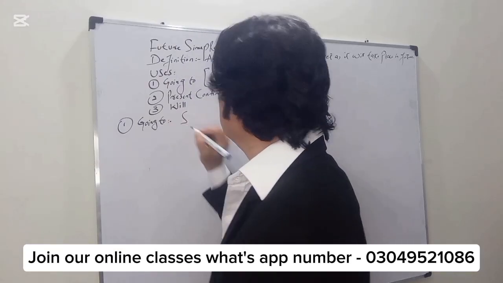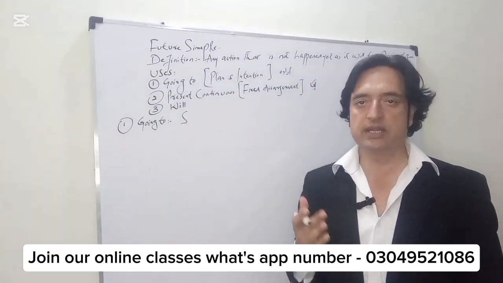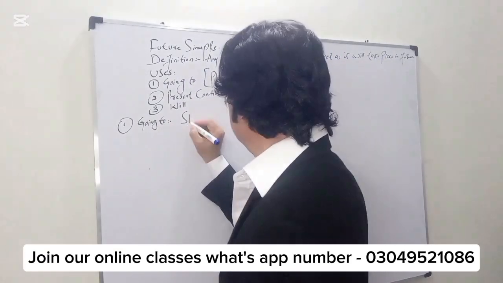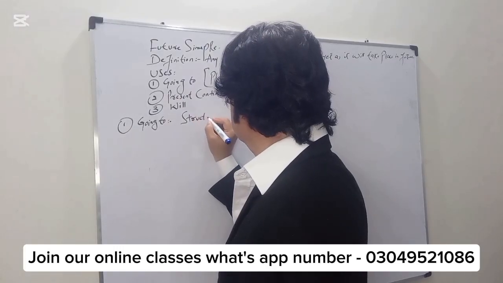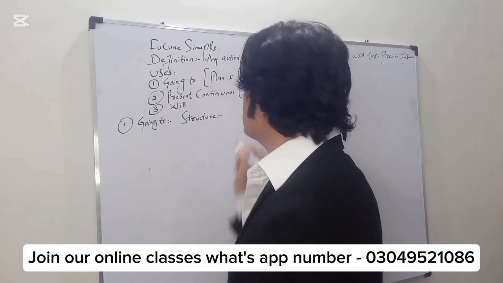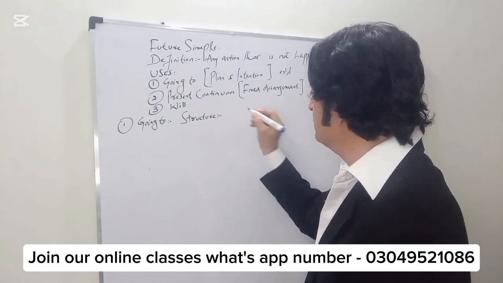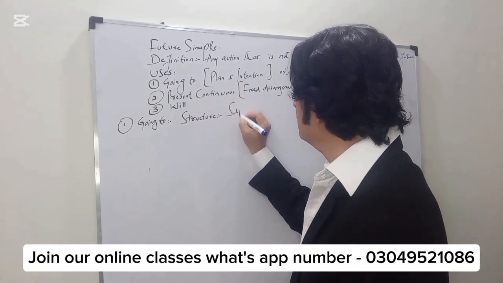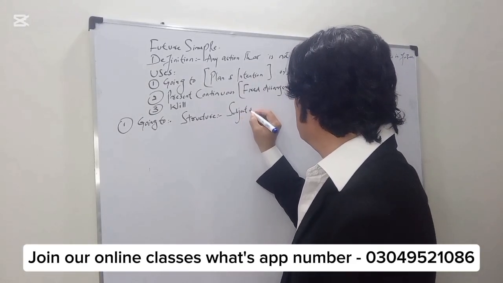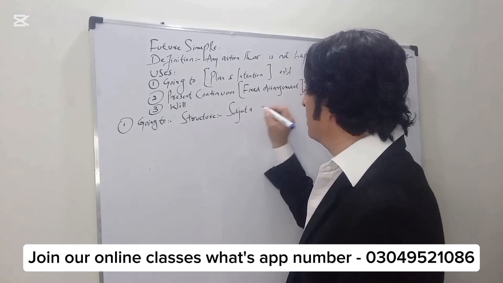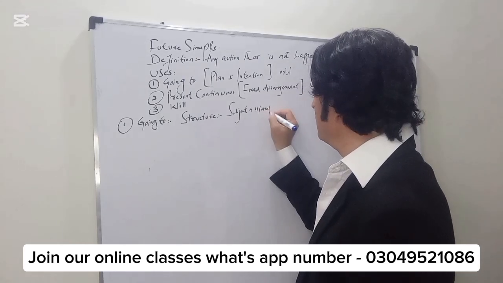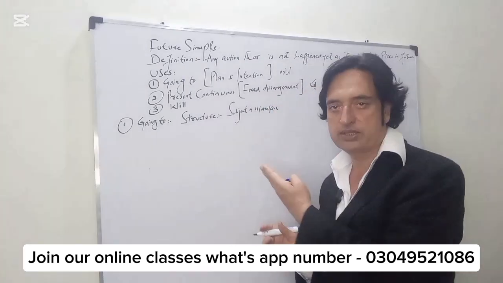Okay, the first thing we require when we are making any sentence of any tense is the structure, the formula. And the structure for going to is, first, the subject plus helping verb, is or am or are. You have to choose based on the subject.